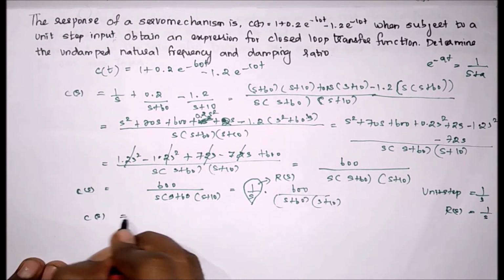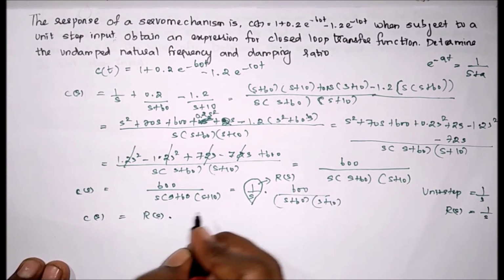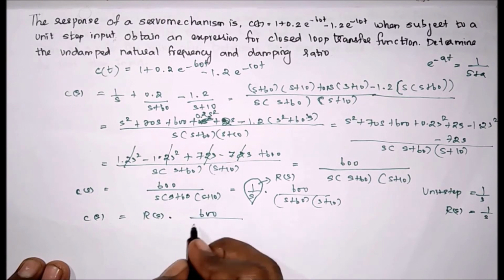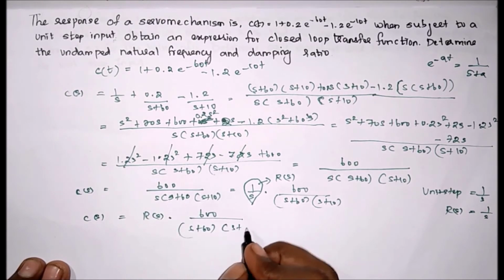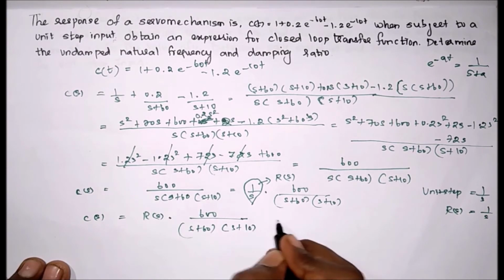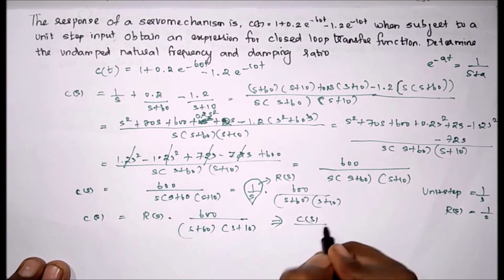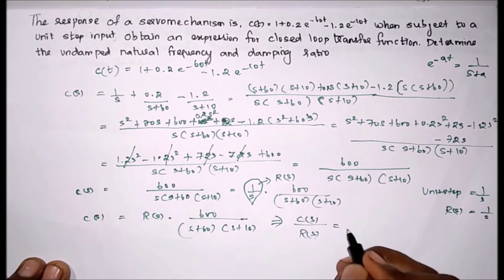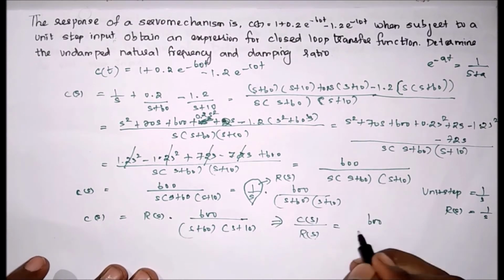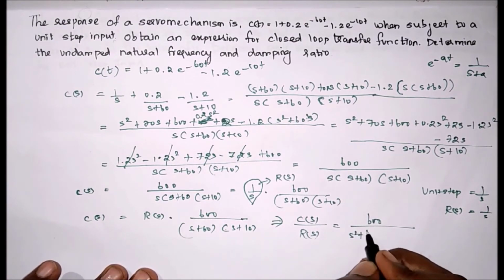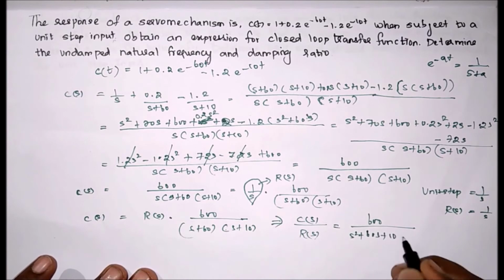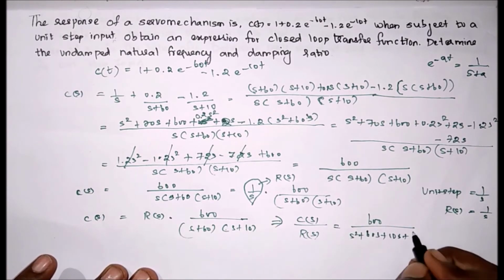Therefore C of s equal to R of s into 600 divided by s into (s plus 60) into (s plus 10). So now we can bring this into here. C of s divided by R of s equal to 600 divided by s into (s square plus 60s plus 10s plus 600).